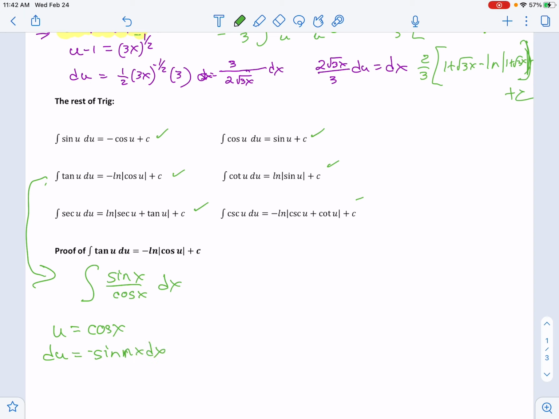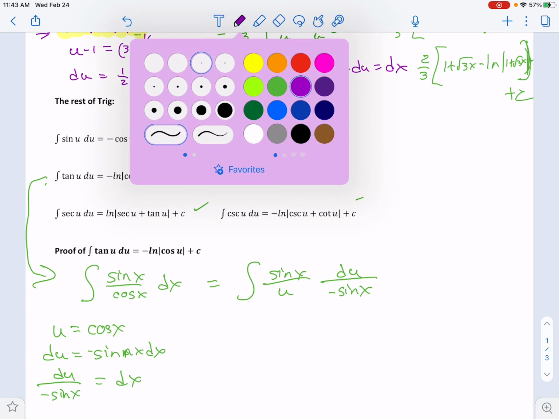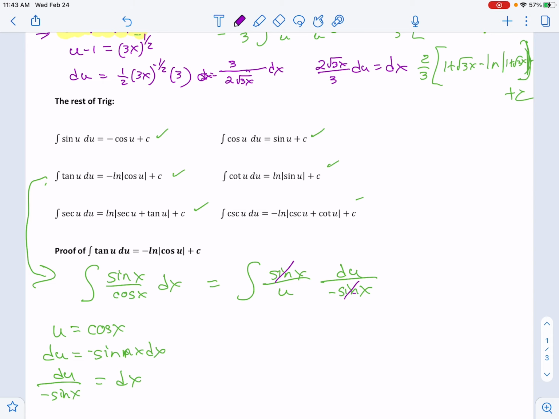So dx is equal to du over negative sine of x. You make your substitutions. You get sine of x over u times du over negative sine of x. These guys cross out.